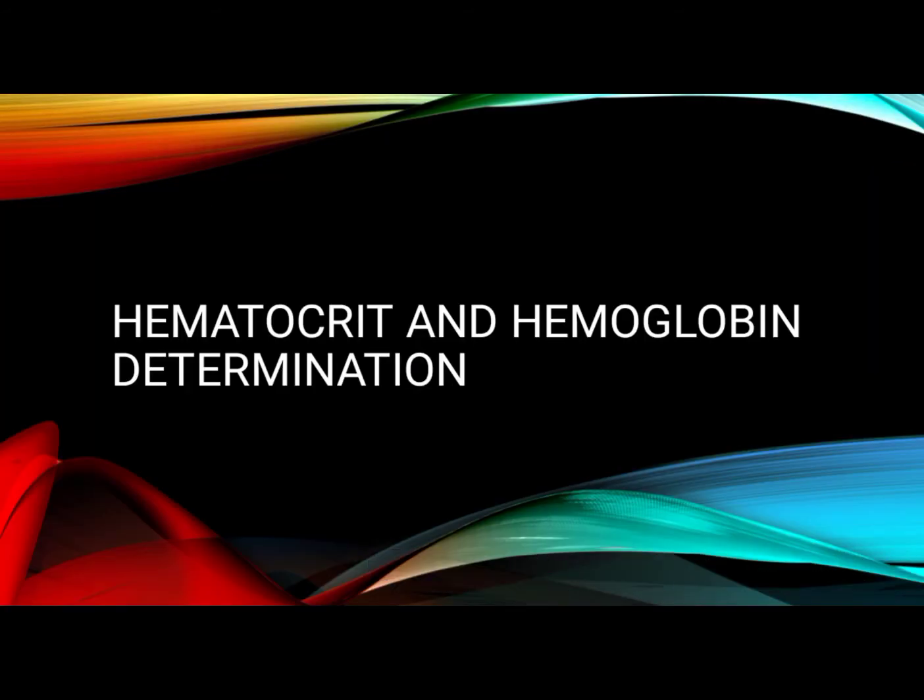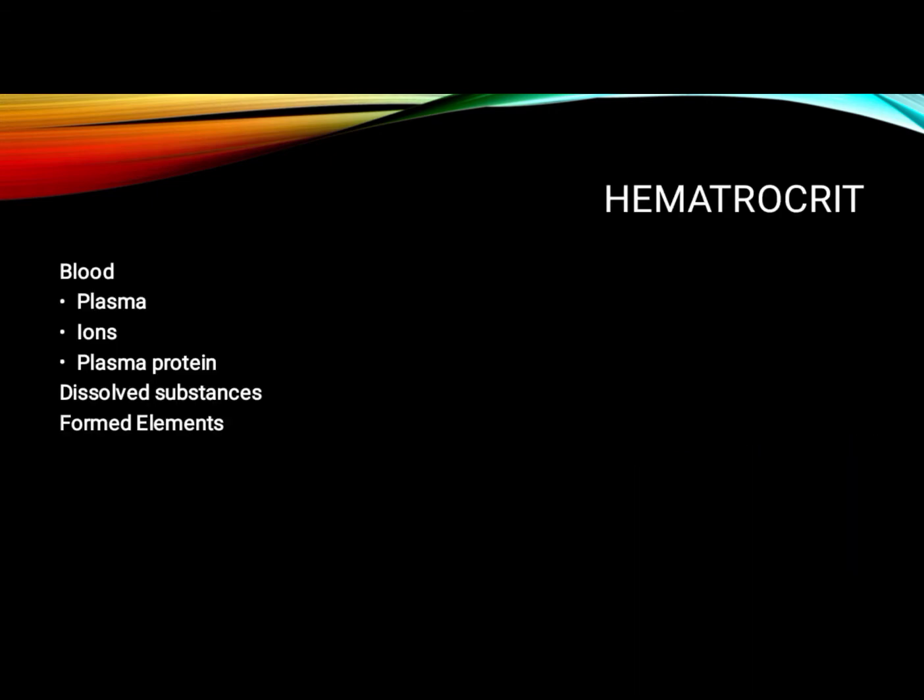Hematocrit and hemoglobin determination. So in hematocrit, plasma is a fluid matrix of blood tissue, and it has 91% of water, 7% of proteins, and 2% of other compounds such as ions, nutrients, gases, waste products, and regulatory substances.